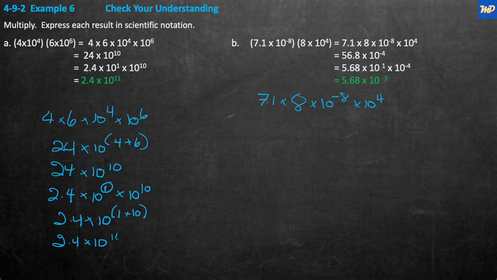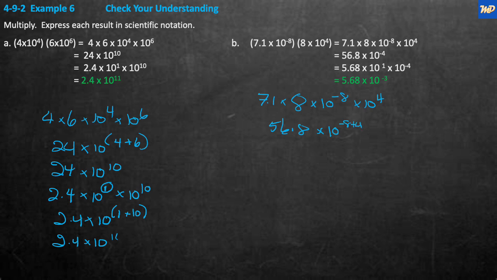Okay, what is that? 7.1 times 8 is what, 56, and what do we have to add? 0.1 times 8 is 0.8, so it's 56.8 times 10 to the minus 8 plus 4.